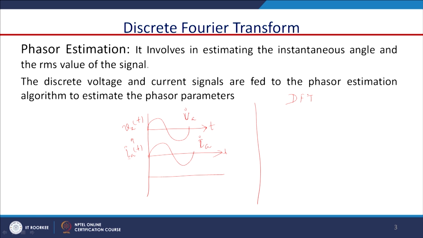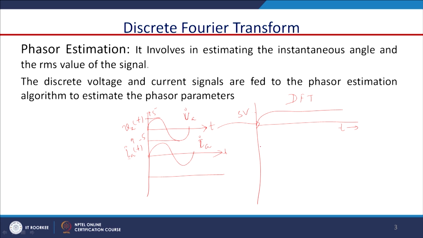The DFT helps in providing the magnitude and phase angle of the corresponding voltage and current. If the signal is plus minus 5 volt, we will expect that DFT will provide a magnitude curve like this with respect to time.